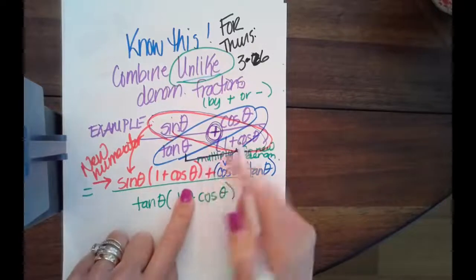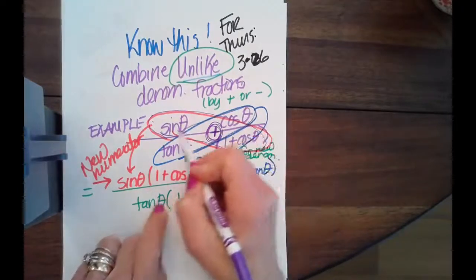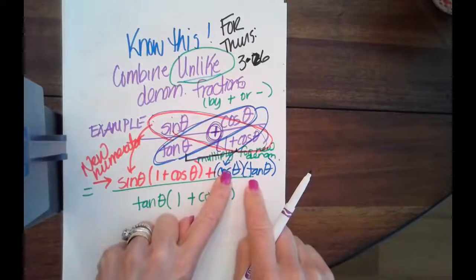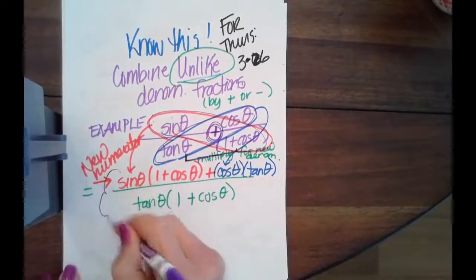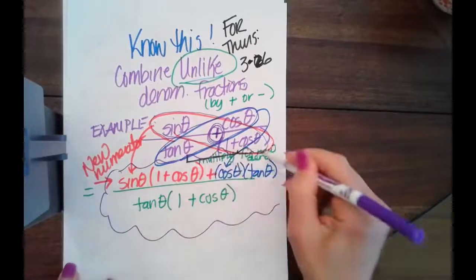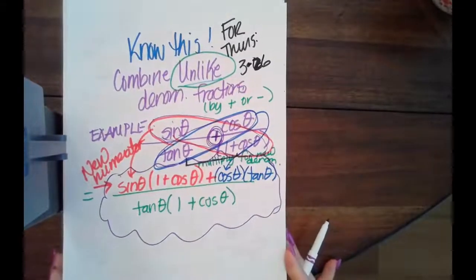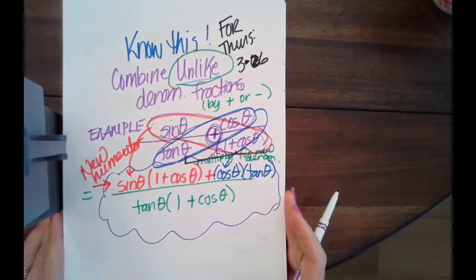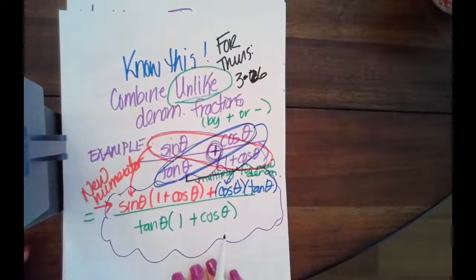Then you will do the other diagonal in the same fashion. So it will be cosine of theta times tangent of theta, and that will be here. This is your new and improved fraction, okay? I don't care what the fractions look like. When you have this, and you're going to have this a lot in identities, you've got to know how to do this, all right? 2 other skills you're going to need to know.